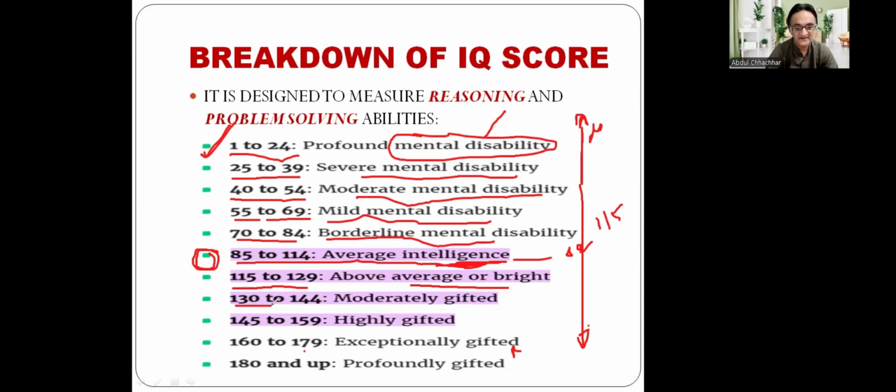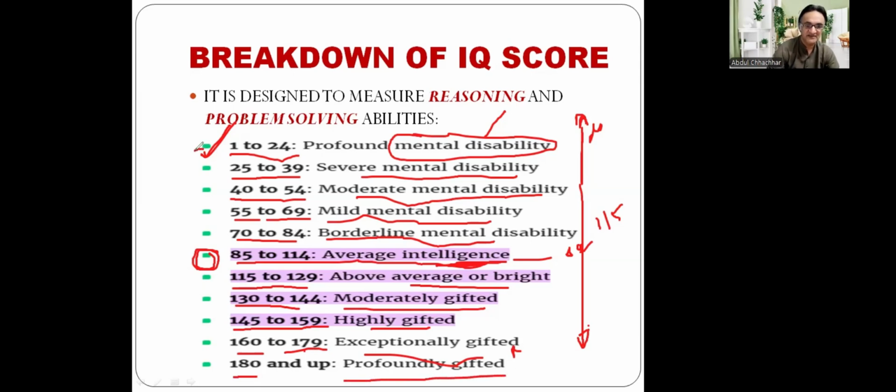If a child has a score of 130 to 144, that's moderately gifted. If a child has 145 to 159, that's highly gifted. A child with 160 to 179 is exceptionally gifted. And above 180, it's profoundly gifted.